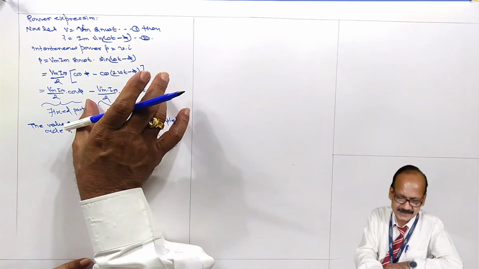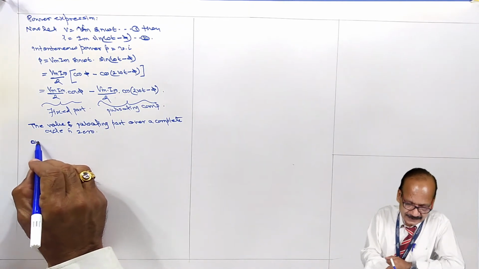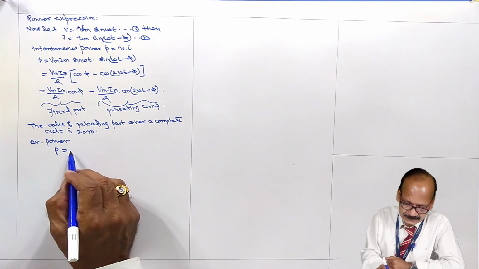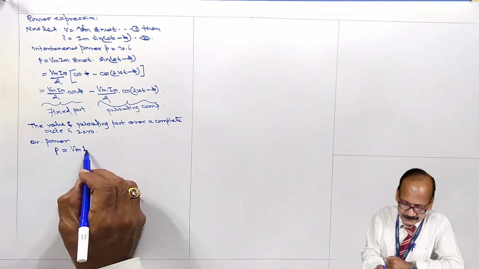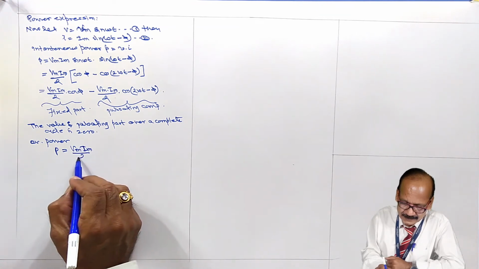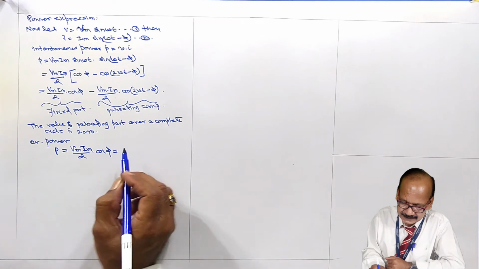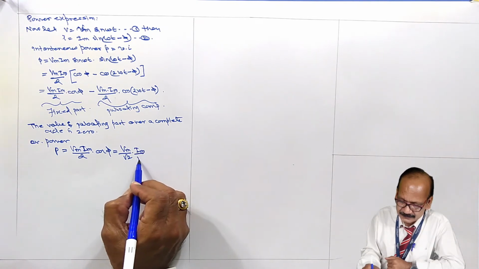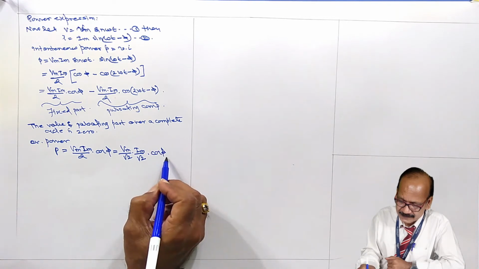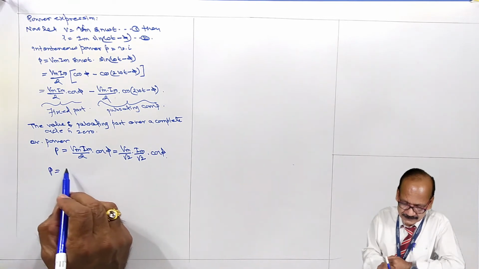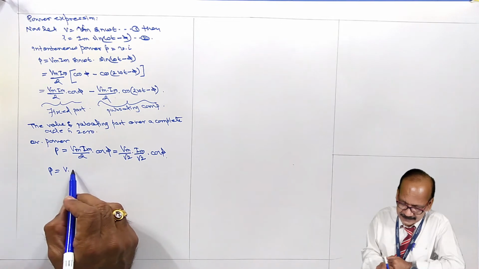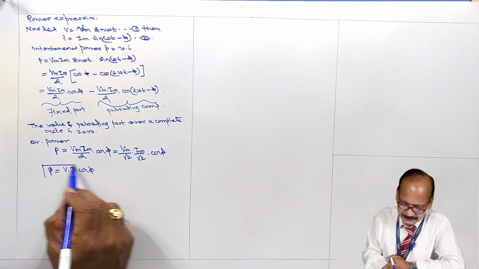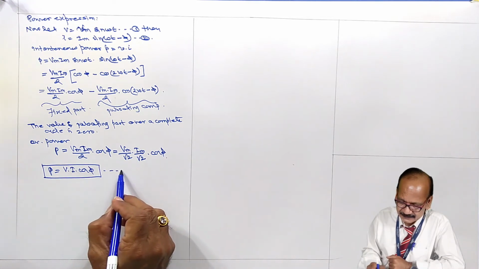The value of the second part is 0, and therefore the average power P equal to Vm Im by 2 into cos phi. This can be written as Vm upon root 2 into Im upon root 2 into cos phi. Therefore P equal to V RMS I RMS into cos phi. So in this way, this is the expression for power.